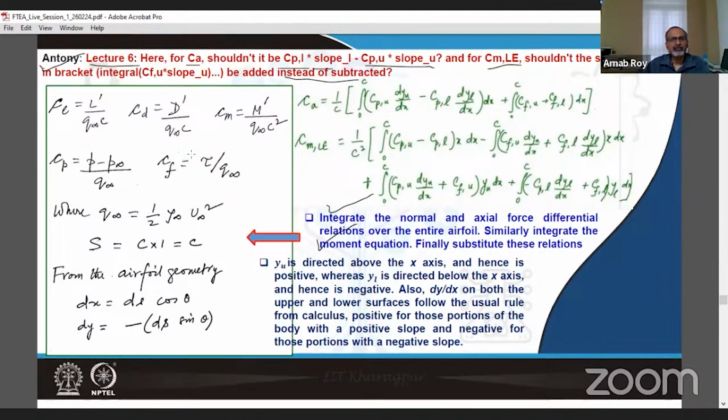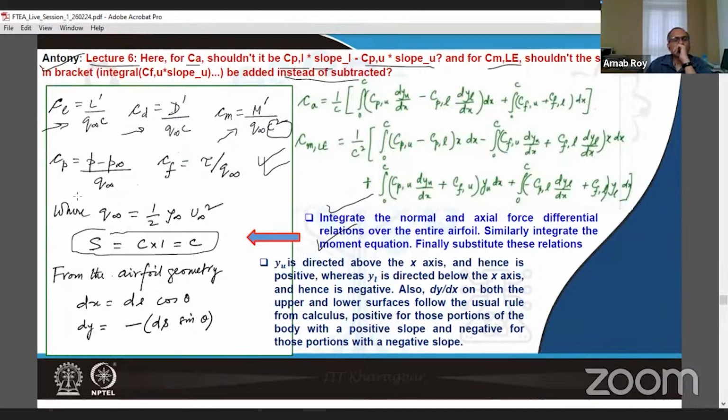And finally, substitute these relations, which we have boxed over here, the non-dimensional force coefficients for lift, drag, and pitching moment. Note that for pitching moment, you have a c square in the denominator, and all through we are assuming unit span to calculate the planform area. The S therefore turns out to be C alone.